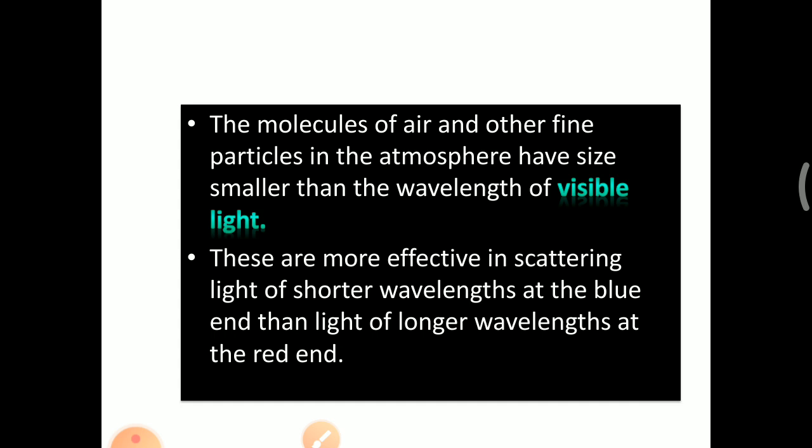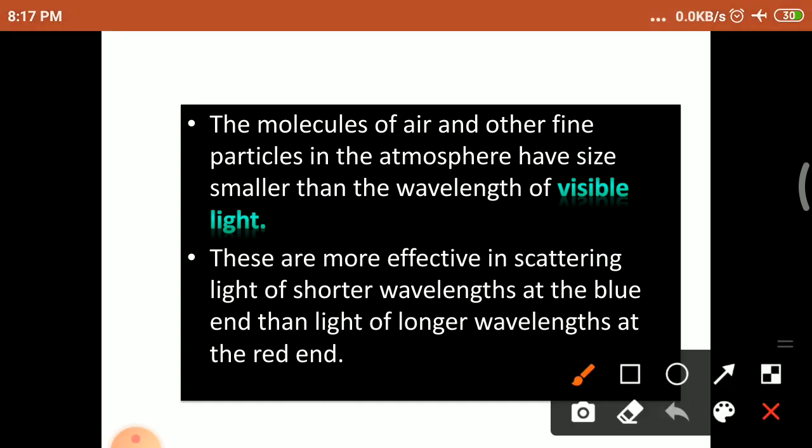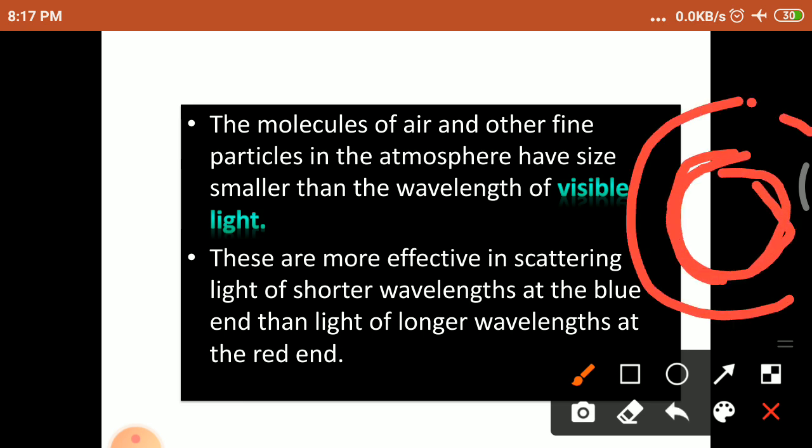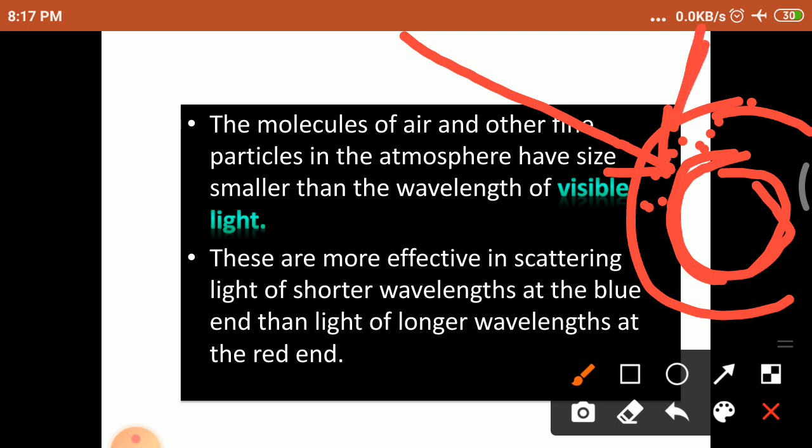The molecules of air and other fine particles in the atmosphere have size smaller than the wavelength of the visible light. Mostly our atmosphere consists of more small particles, less large size particles. So when the light enters the atmosphere, the small particles always scatter the smallest wavelength blue family light.